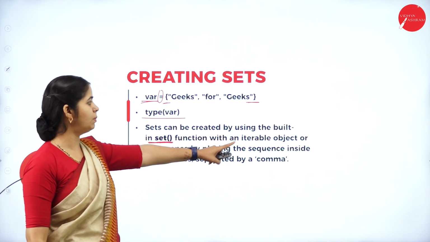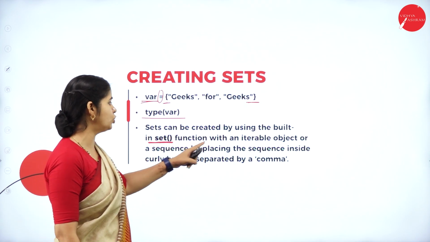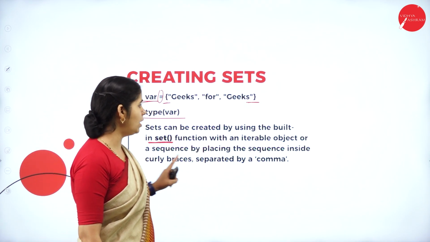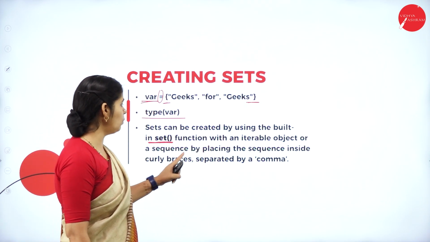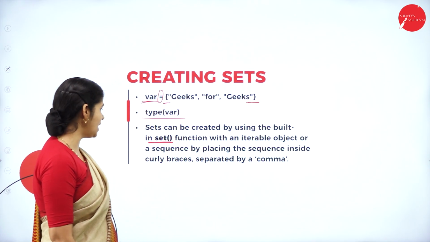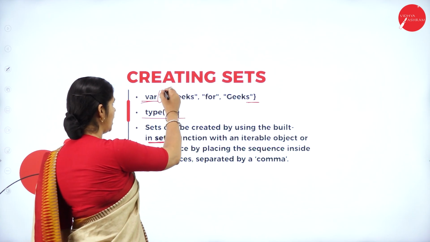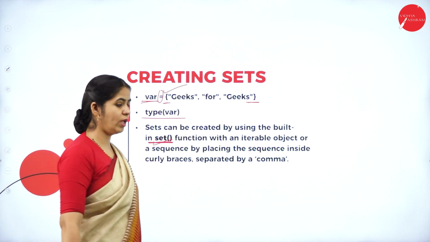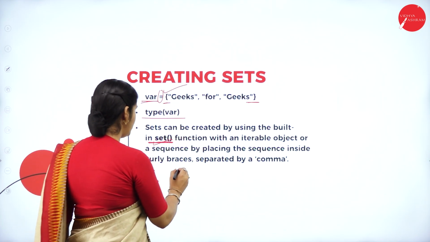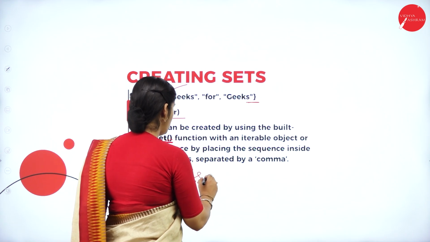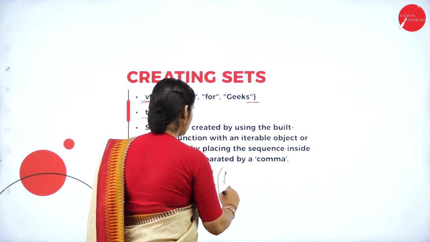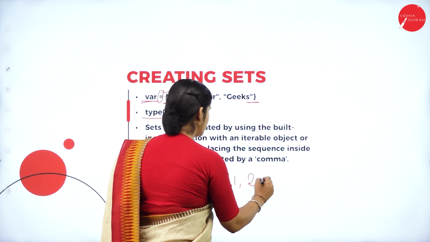A set can be created by using the built-in set function, which takes an iterable or a sequence, or by placing the sequence inside the curly braces separated by commas. Either we can create it this way or this way. S1 is equal to set(1, 2, 3).